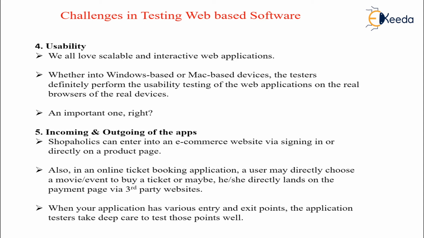When your application has various entry and exit points, the application tester takes deep care of these points because the payment is done at the third party. That means this merchant bank or merchandise process should not be misused.